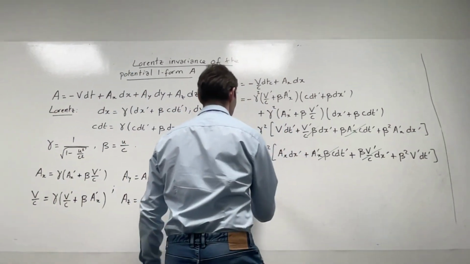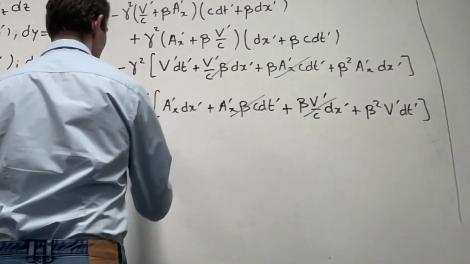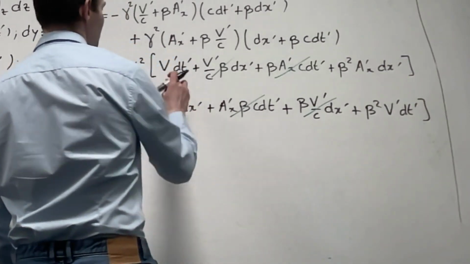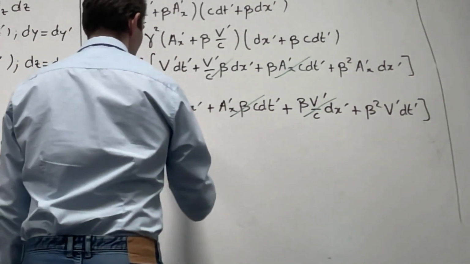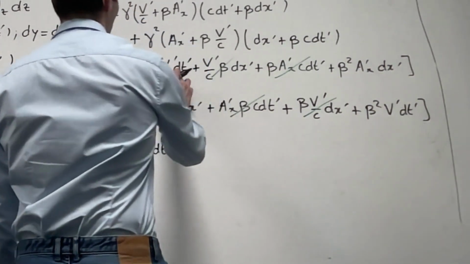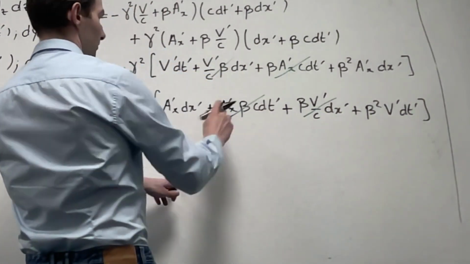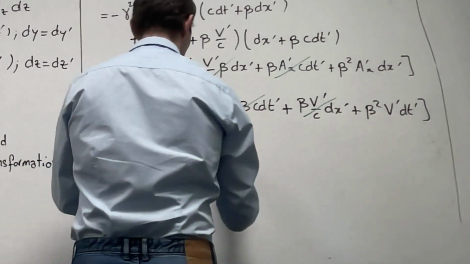So what I have got left is the following. I'm going to get gamma squared, and then let's factorize, so let's say v prime dt prime, and then that's factorized by 1, in fact that's not 1, that's beta squared minus 1, okay?